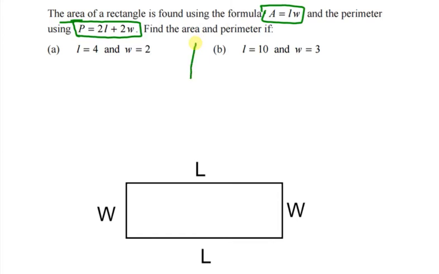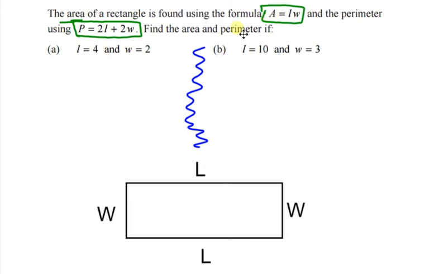So we have two different problems going on here. In one case, we're going to find the perimeter, and then we're going to find the area. In the other case, we're going to find the perimeter, and we're going to find the area. So let me make this a little straighter. All right, so we're going to first work with this set of numbers. And the first thing we're going to do is find the area.